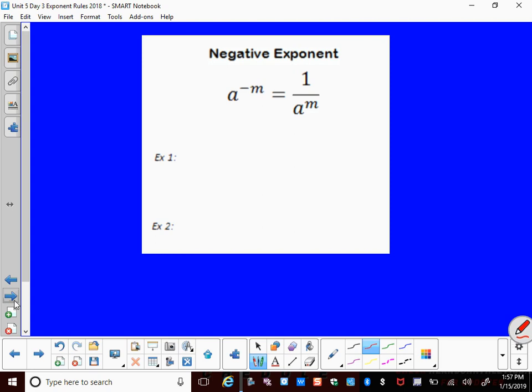All right, negative exponent. Here is what I think of with the negative exponent. I want you guys to draw this house with a big E. It's the house of exponents.